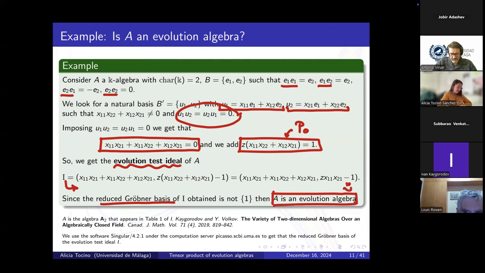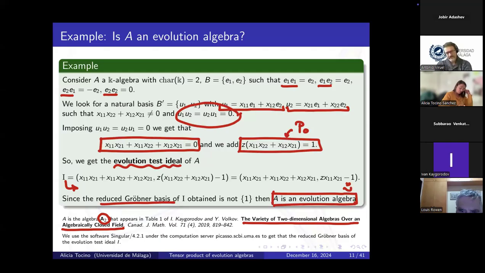So if it is not 1, then our algebra is an evolution algebra. Nice. It turns out that this algebra that we are using is the algebra A2 that appears in the paper The Variety of Two-Dimensional Algebras over an Algebraically Closed Field, of Ivan Kaygorodov and Volkov.